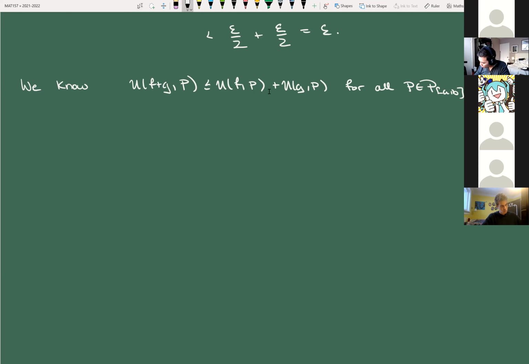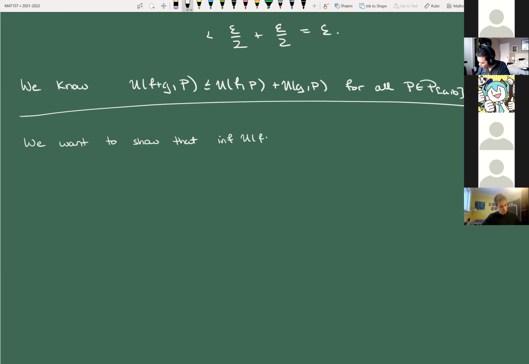Okay, so what do we want to show? So basically we want to show that the infimum of U(f+g, P) is equal to the integral of f plus the integral of g, right?